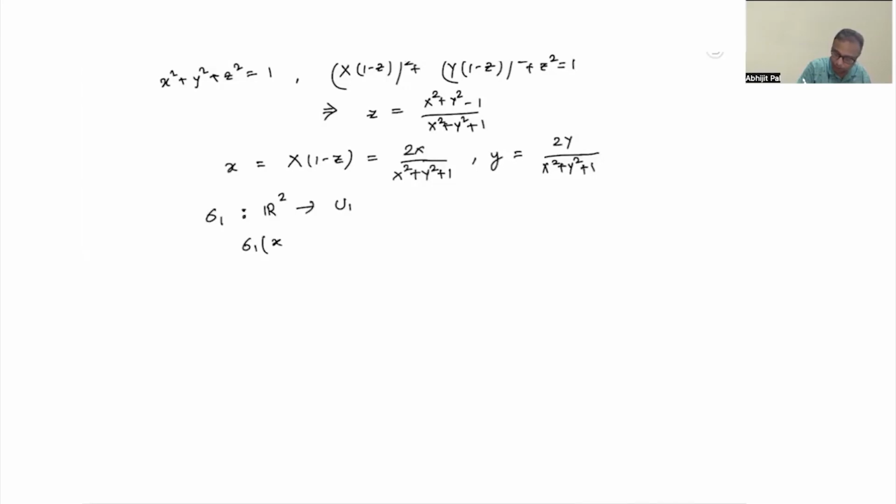Sigma 1 of (capital X, capital Y) is equal to (2X divided by (X square plus Y square plus 1), 2Y divided by (capital X square plus capital Y square plus 1), (capital X square plus capital Y square minus 1) divided by this). Okay.